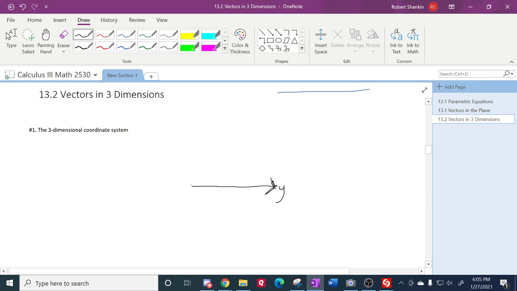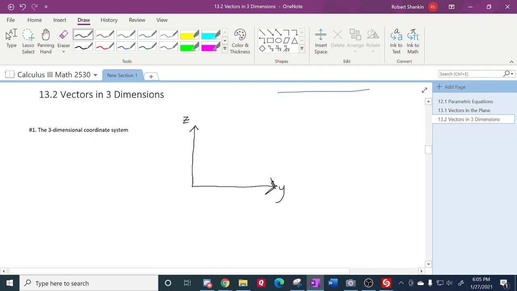We're going to have the z-axis be vertical, kind of like the y-axis was. And then we're going to use perspective. Imagine if I was drawing on the blackboard at school, these two are on the blackboard, or on your sheet of paper.